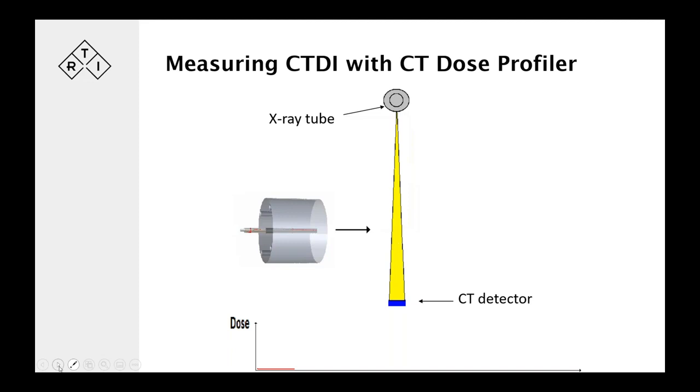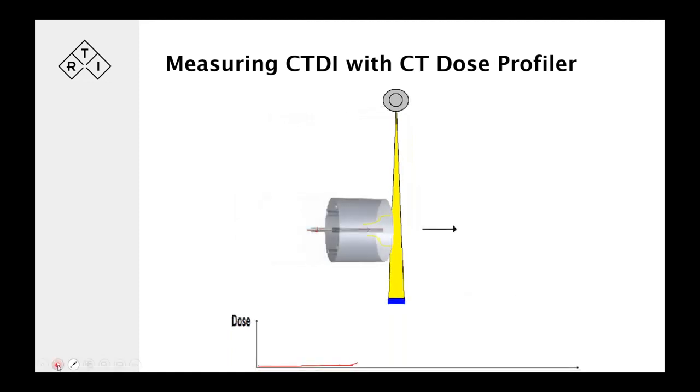Since we're doing a scan, we're moving the phantom with the CTDI profiler in it through the beam. The CTDI profiler is designed so that the point dose detector is in the center of the phantom, at 75 millimeters from each of the edges of the phantom. All right, so we then fire up the tube.